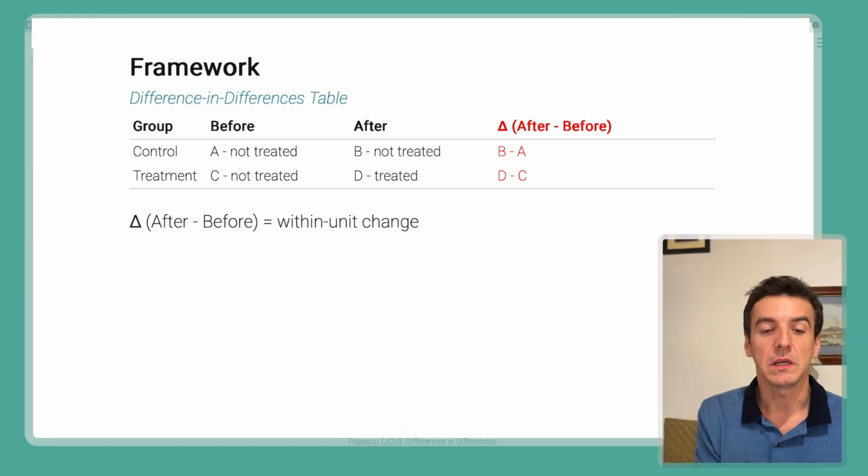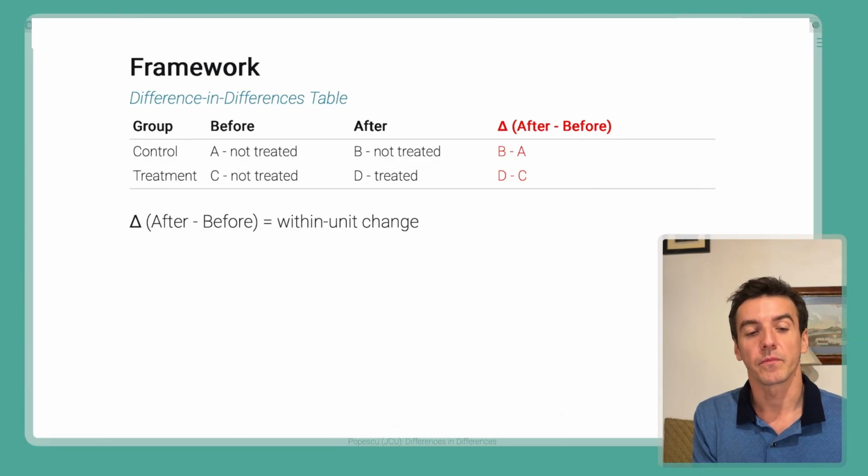So I did B minus A. Remember that B represents the control group in the aftermath of the implementation of the policy, whereas A is the control group before the implementation of this policy. D minus C represents the difference between the treatment group afterwards and the treatment group before the implementation of the policy.